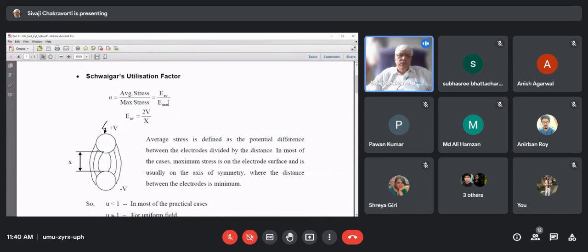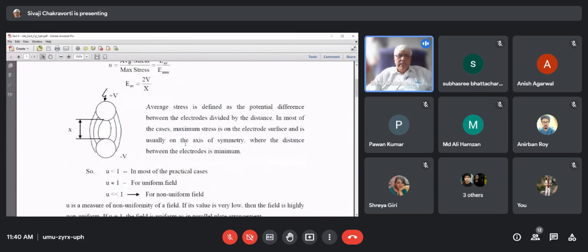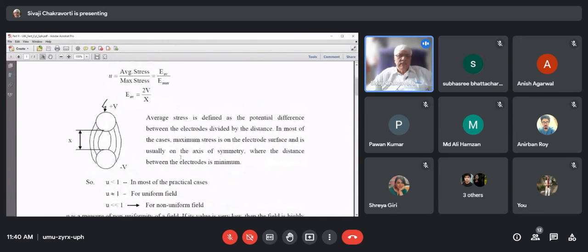And if we take average stress by maximum stress, we will get this utilization factor. In all practical cases, the average stress will be less than maximum stress, so this U will be less than 1. If it is a uniform field, that means the field stresses are the same everywhere, then of course U will be 1.